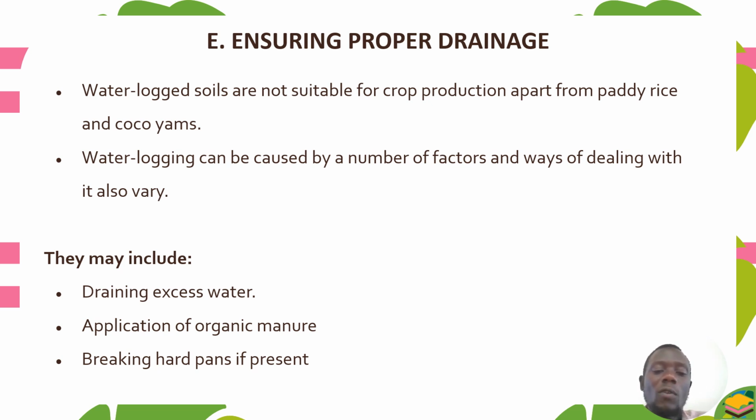Then application of organic manure also helps to improve drainage. Then we have breaking hard pans if present. If the soil has hard pans, you have to break them, because those hard pans are responsible for waterlogging. Breaking the hard pans reduces excess water in the soil. It's very important.